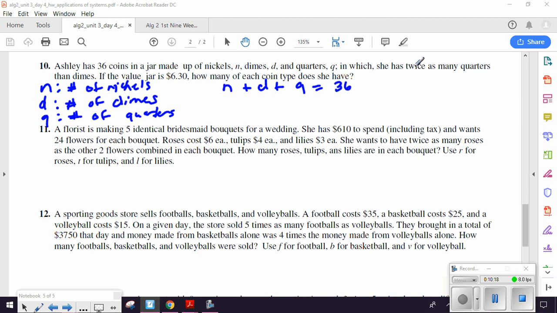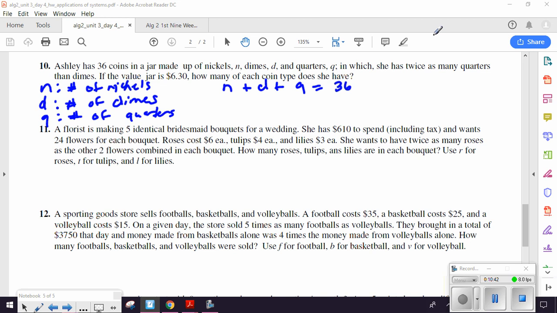The answer is 2 times D because she's supposed to have more quarters, right? So for example, if she has 1 dime, she'll have 2 quarters because she has 2 times as many dimes.